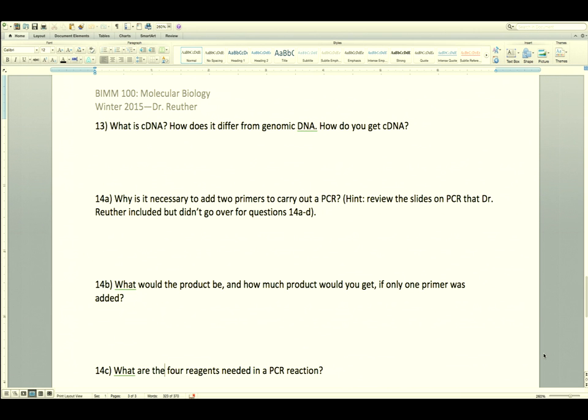Actually, if you had one primer instead of 2, you'd get linear amplification instead of exponential amplification. Because you have 2 primers, after 30 cycles, you're left with 2 to the power 30 copies of the DNA of interest. If you had just 1 primer, you'd be left with like 30 copies.